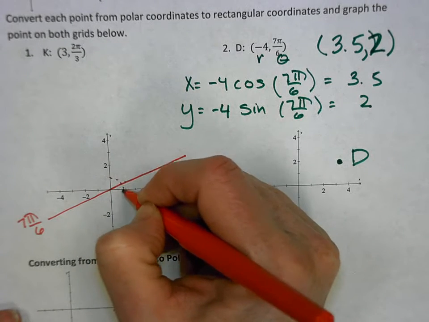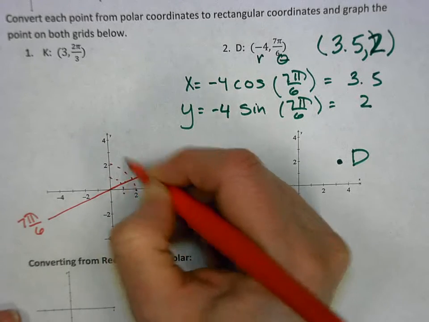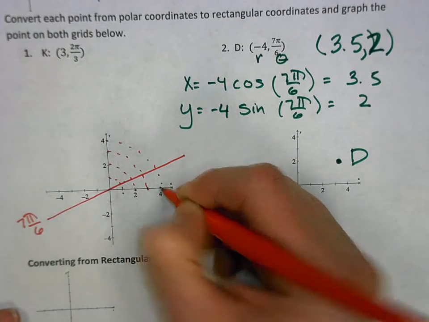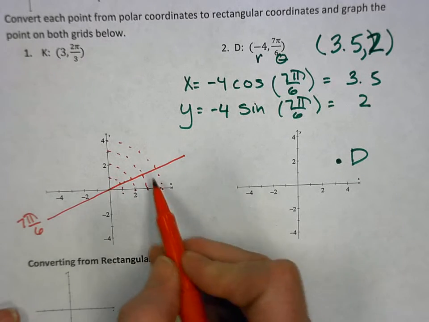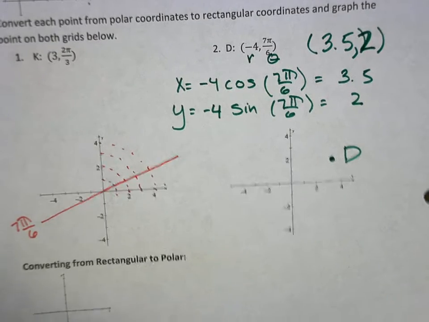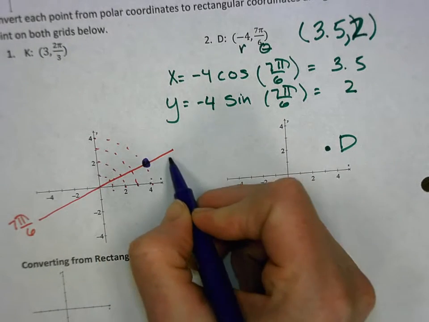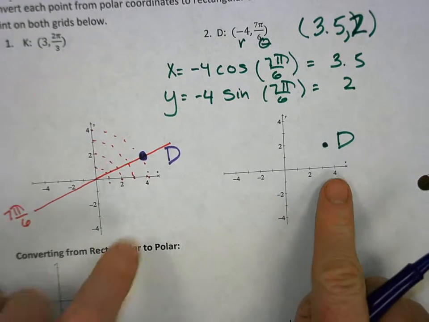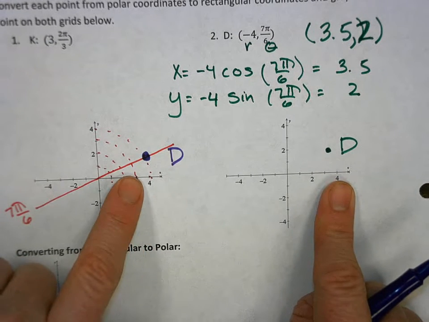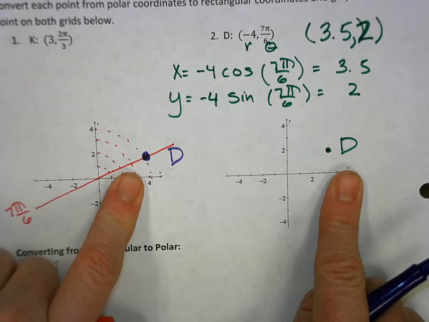So I would go positive 7 pi over 6 and negative 4, which would give me a D. Put that D point there, and look, the point is in the exact same place, this by a polar point, this by a rectangular point.